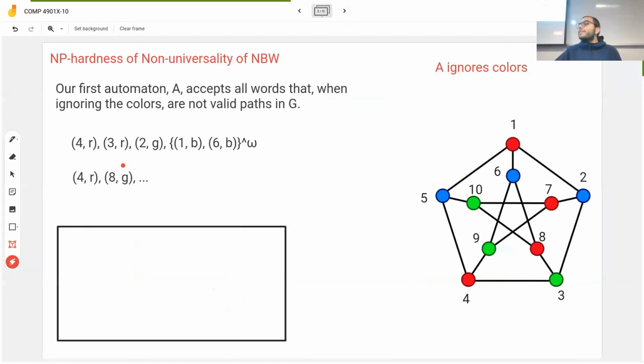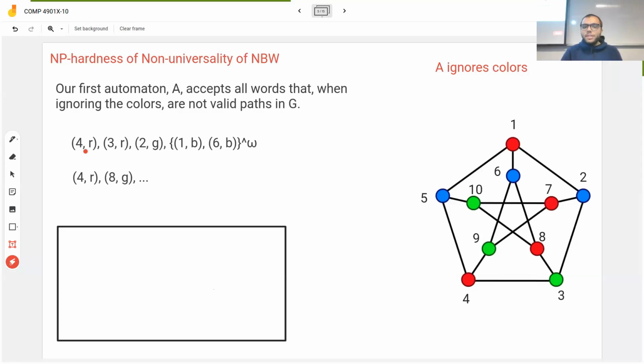I'm going to define several different automata. And remember that the input to my automata is always an infinite sequence where every element of that sequence is a pair. The first element of the pair is always a vertex in my graph, and the second element is a color. Okay.